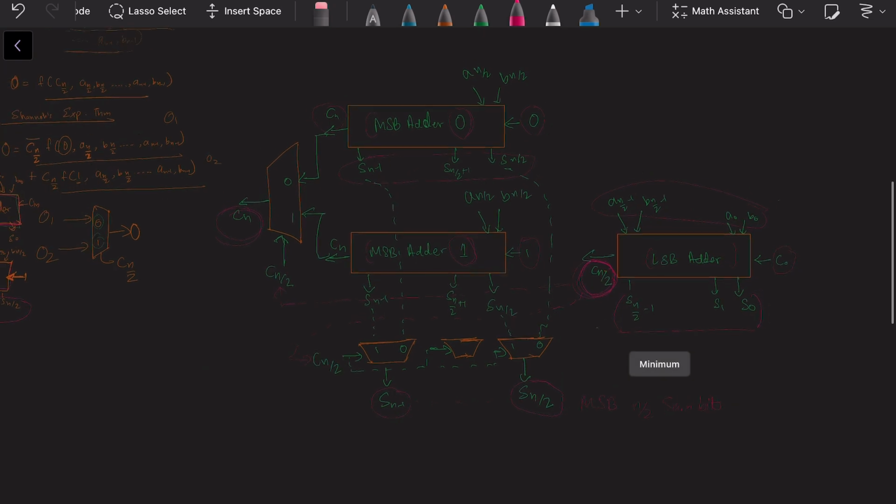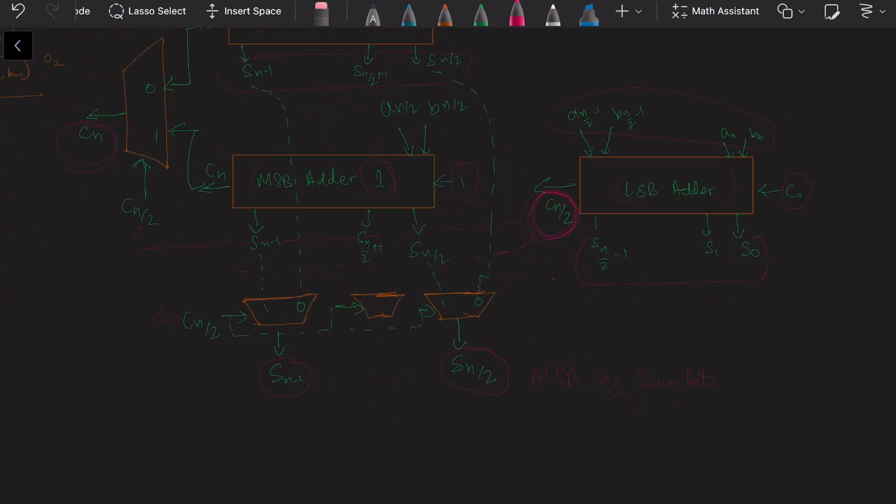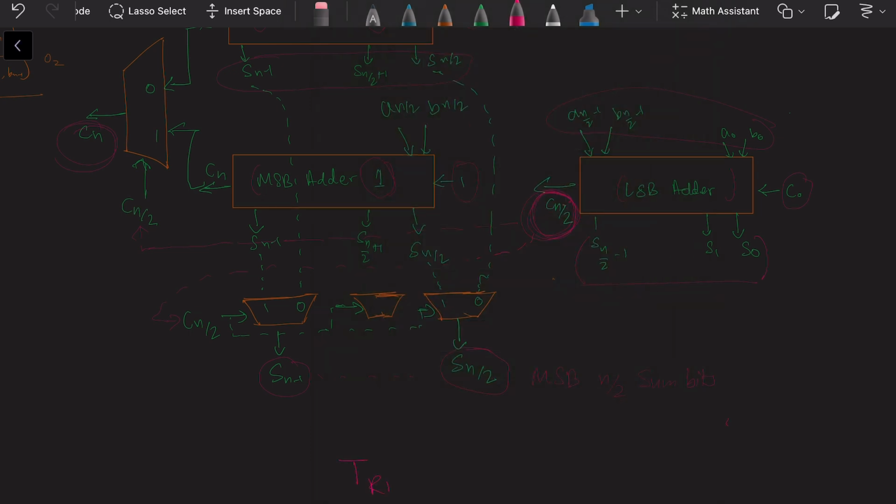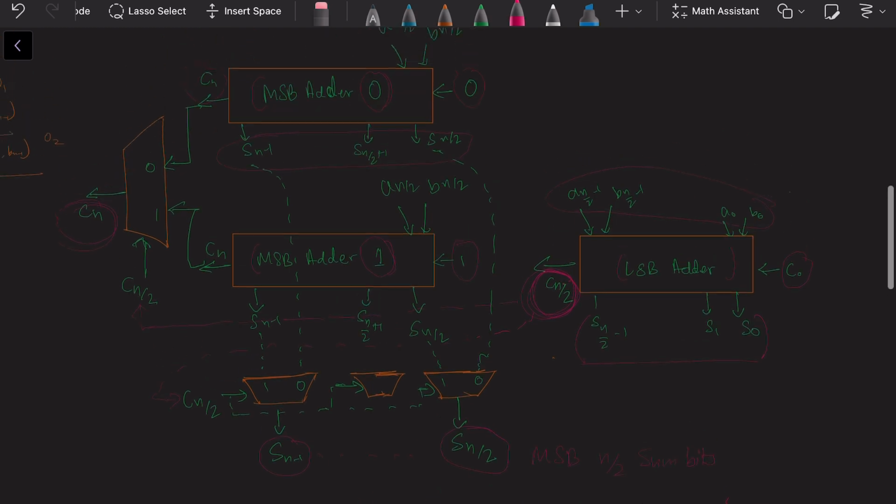So what you can see now is that if my ripple adder delay, which is TRA, was 1000 nanoseconds, because we have parallelized our adder, the delay of this parallelized adder has now become 1000 by 2, which is 500 nanoseconds, because we have essentially broken down our adder into an MSB adder and an LSB adder.